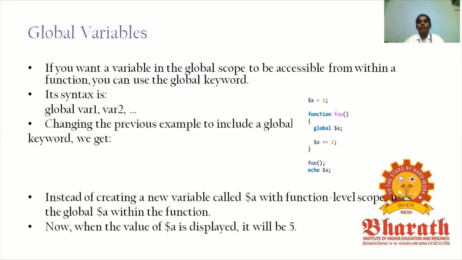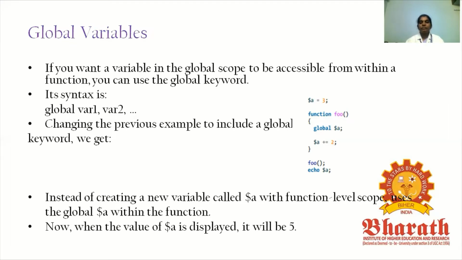See the code, $A is equal to 3. Function foo is the function name. Inside the foo function, we have two statements. One is global $A, which means the variable is declared as global, so it is accessible within the function also.